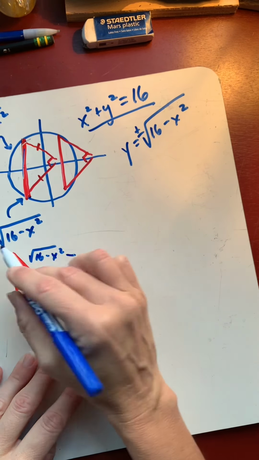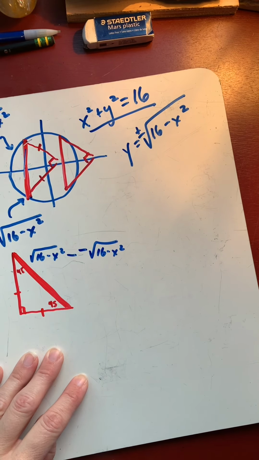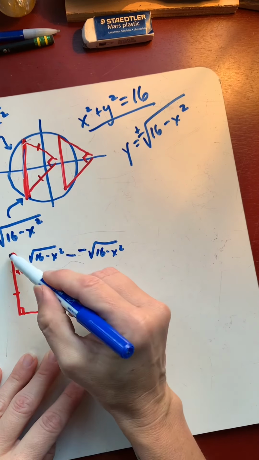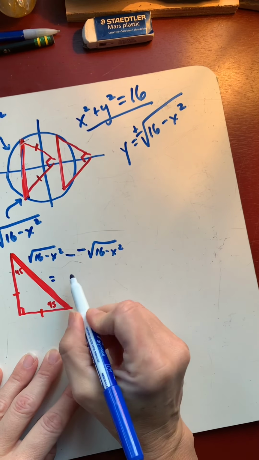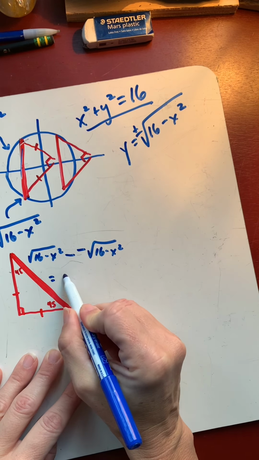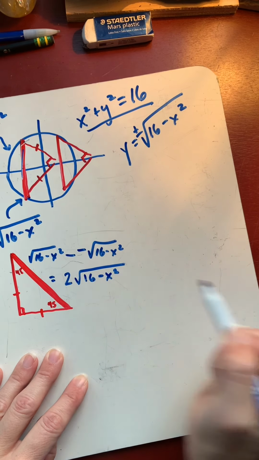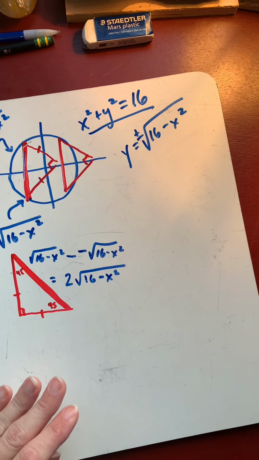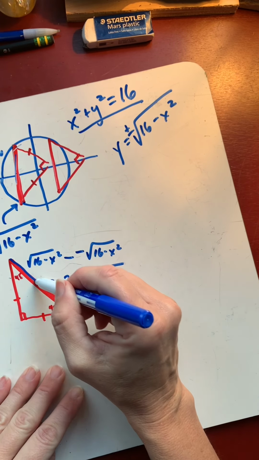The bottom curve is negative square root of 16 minus x squared. That's how I can label this entire side, top curve minus bottom, which I can also think of as just, because this changes to addition, 2 root 16 minus x squared. That is how I would label this entire side.